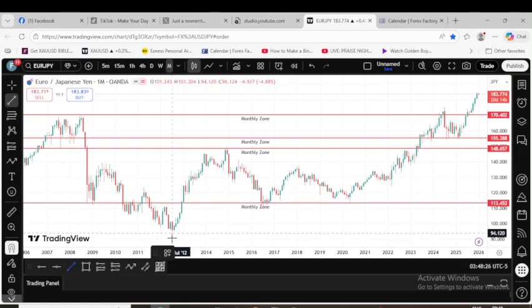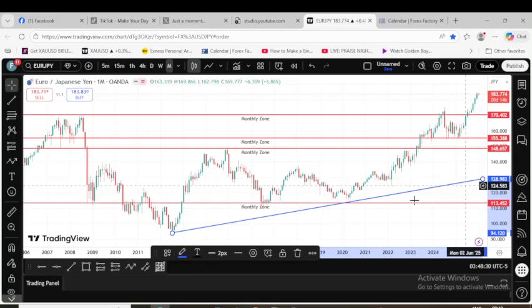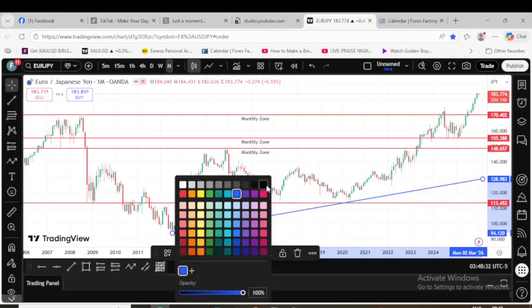Now, a trend line can be drawn across these points like this to give us a monthly trend line.